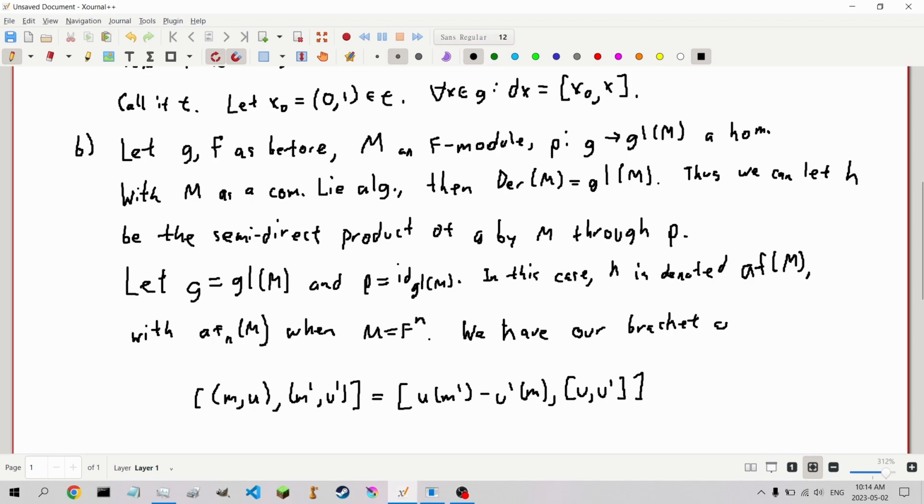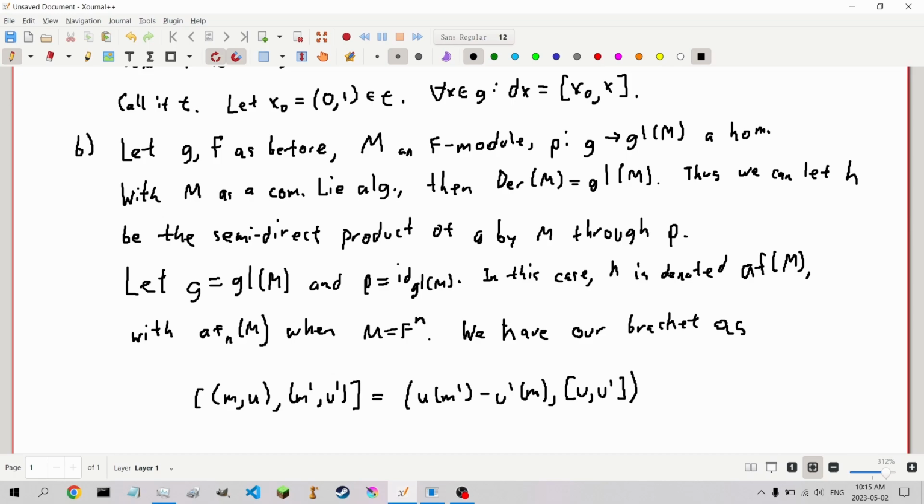I guess I should be using round brackets for the outside here, otherwise this is going to look real confusing. And there we go. Yeah, okay.